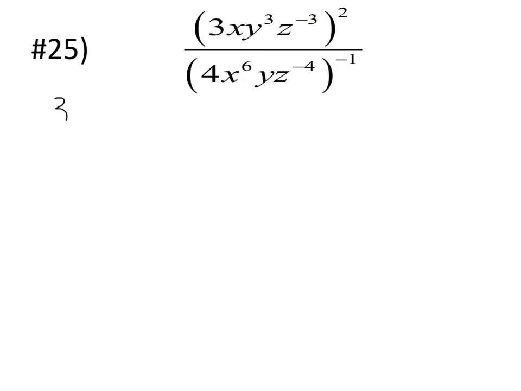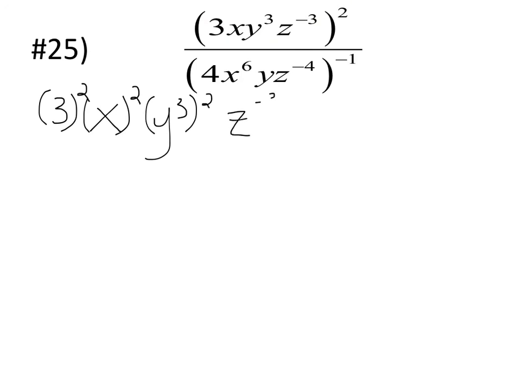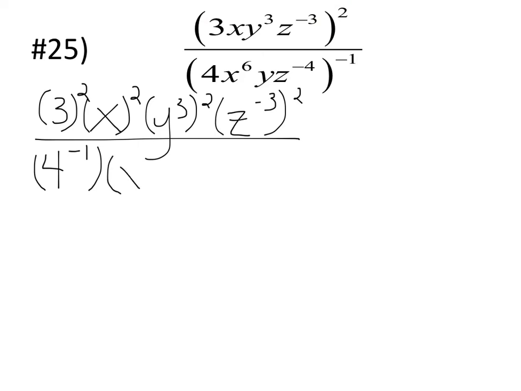So we have 3 squared, x squared, y cubed squared, and z to the negative 3 power squared, all over 4 to the negative 1 power, x to the 6th to the negative 1 power, y to the negative 1 power, z to the negative 4 to the negative 1 power.